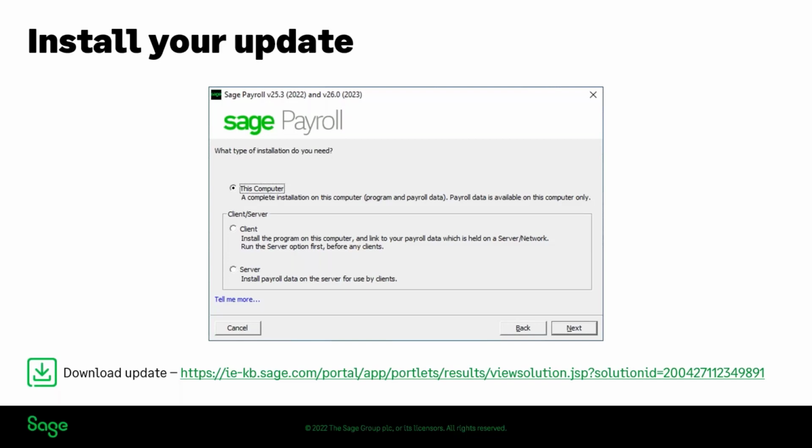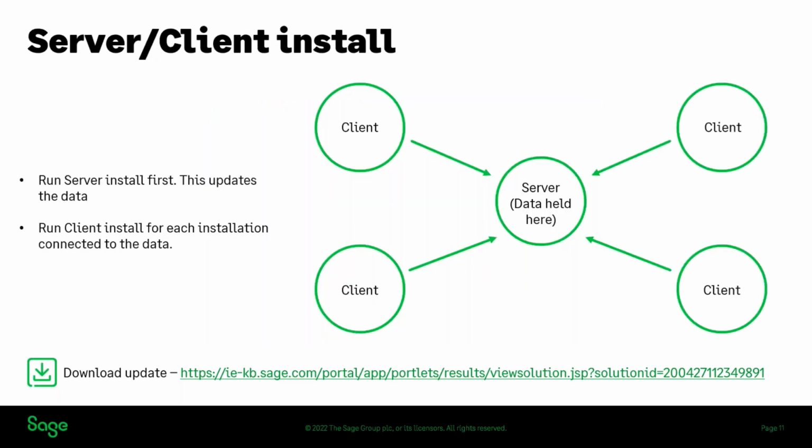However, there is the client server option. This is the only time you'll potentially need to run an installation twice, but you will be running the server install first. What that will do is update the data, and then anyone who has an installation connected to that data will then need to run the client install. We have a slide here to illustrate that point.